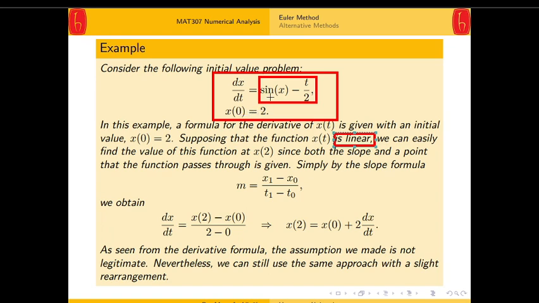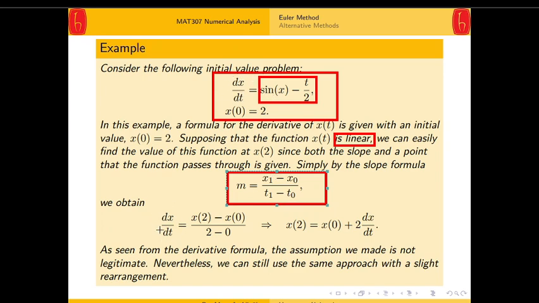In this particular case, we can find a linear approximation to the function x, and say this linear approximation will have the slope m equal to (x1 minus x0) divided by (t1 minus t0), which will be equal to the derivative.